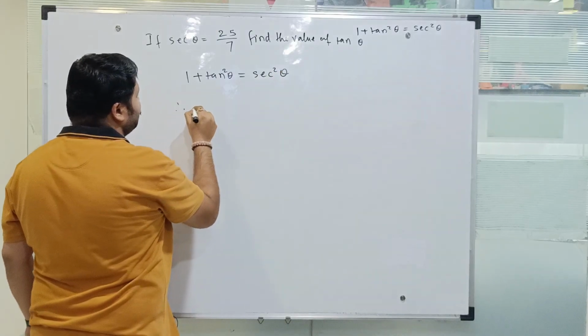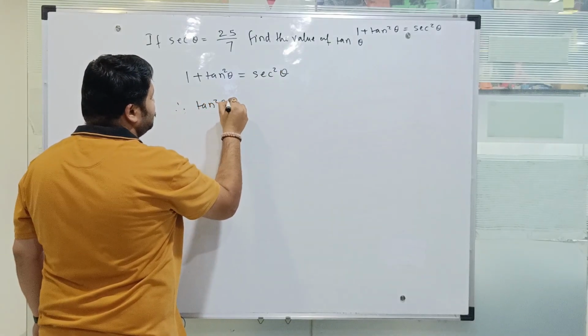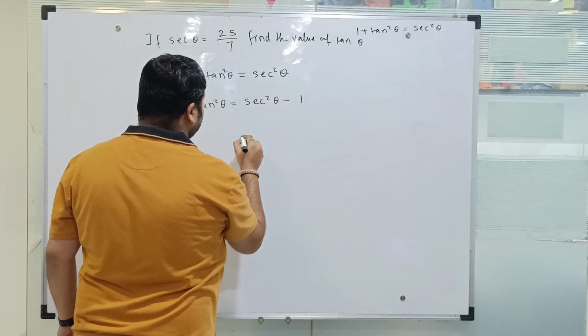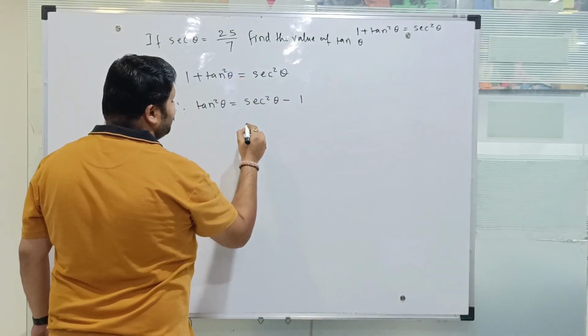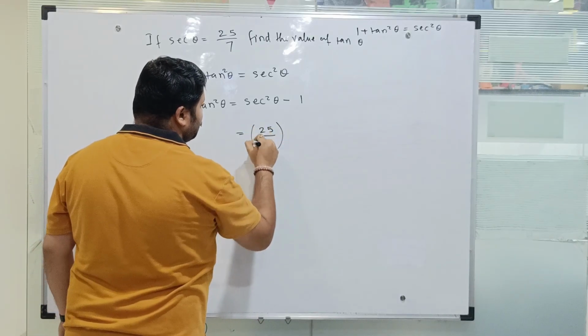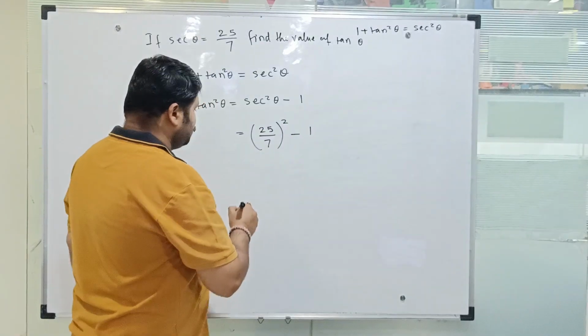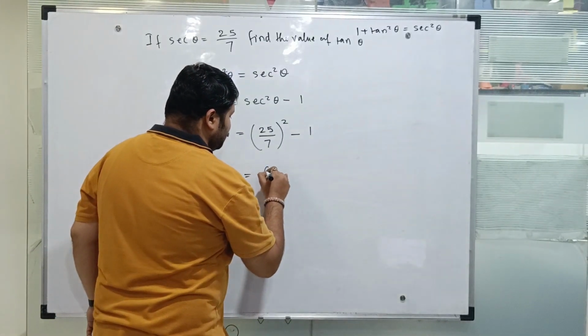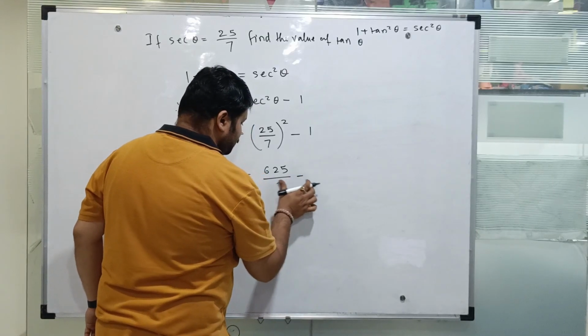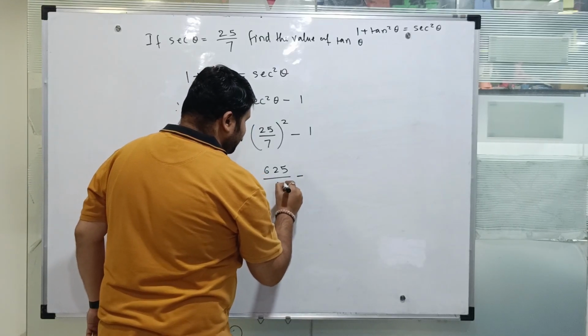So effectively, you can say that tan square theta is equal to sec square theta minus 1. Here sec theta is 25 upon 7, so I can write 25 upon 7 square minus 1. So that would be 625 upon 49 minus 1.